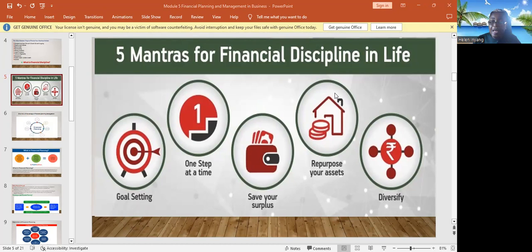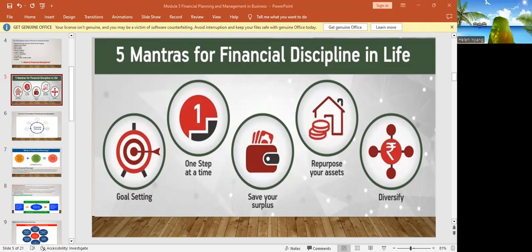What are your goals? You set up your goal, and it is done one at a time. Set up your goal, and what do you want to achieve? And then you make sure that you achieve the goal.